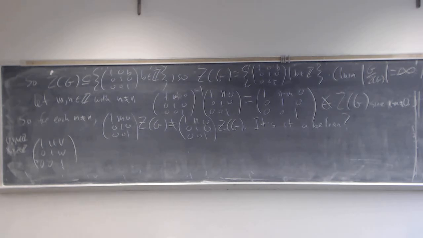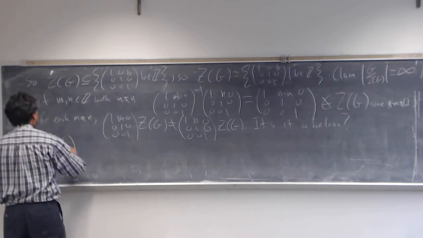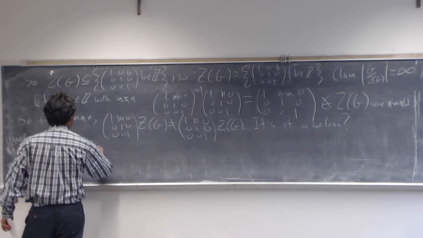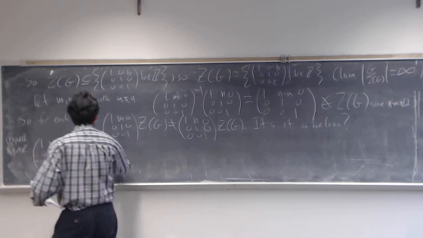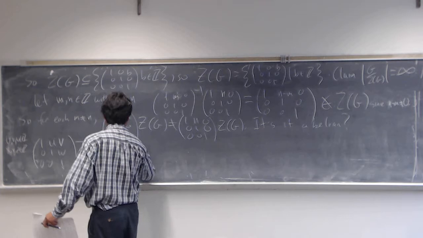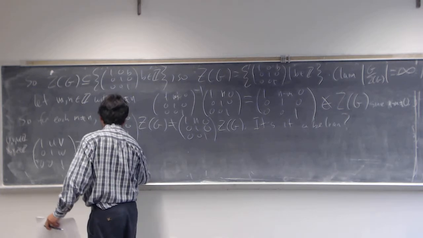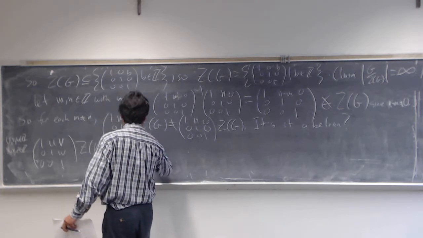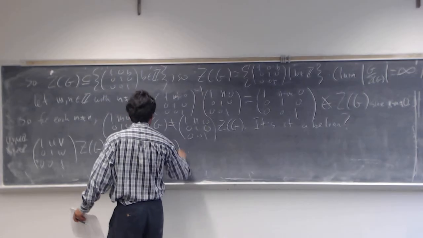So let's look at this times Z of G, and then another coset, let's just use x, y, and z as my letters. And let's look at this.